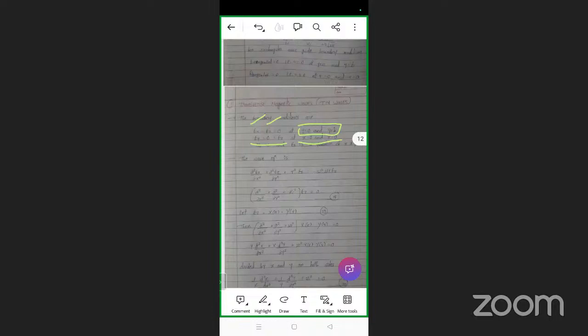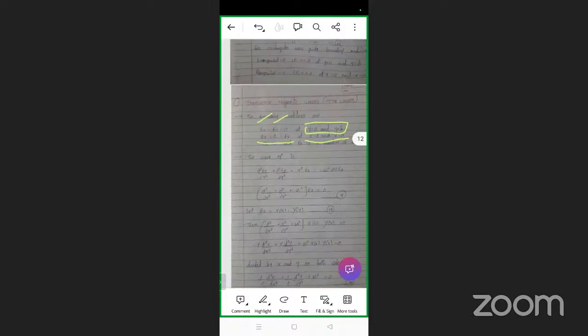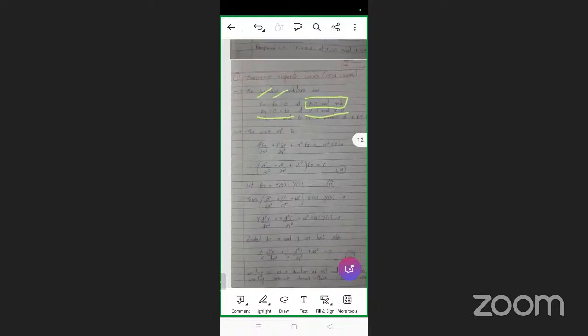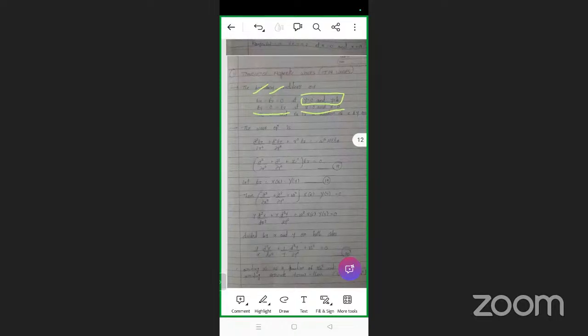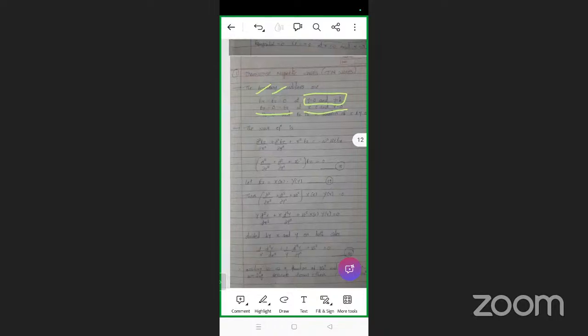From this, I am equating to 0 and making Ez common from the LHS: dou square by dou x square plus dou square by dou y square plus gamma square plus omega square mu epsilon times Ez equal to 0. Is it gamma square or Kc square? Kc square, ma'am, because gamma square plus omega square mu epsilon equals Kc square. Very good. So I am writing directly Kc square.